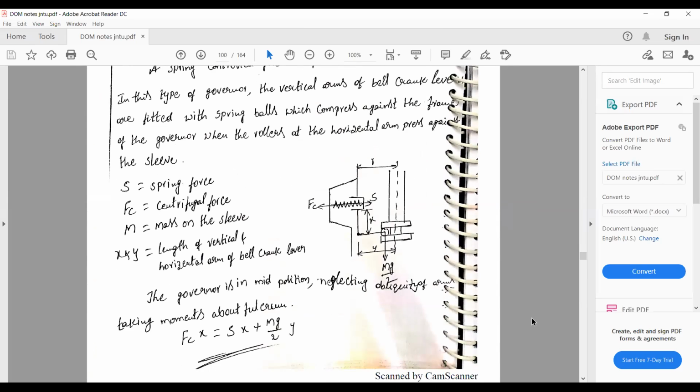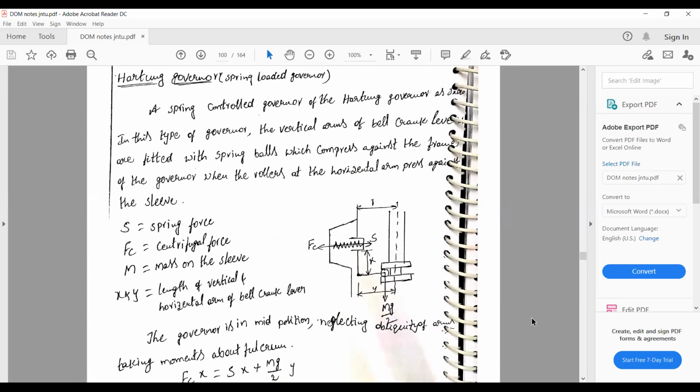Are you able to see my screen? Yes, sir. Okay, this is our Hartnell governor. Now I have opened the PDF.